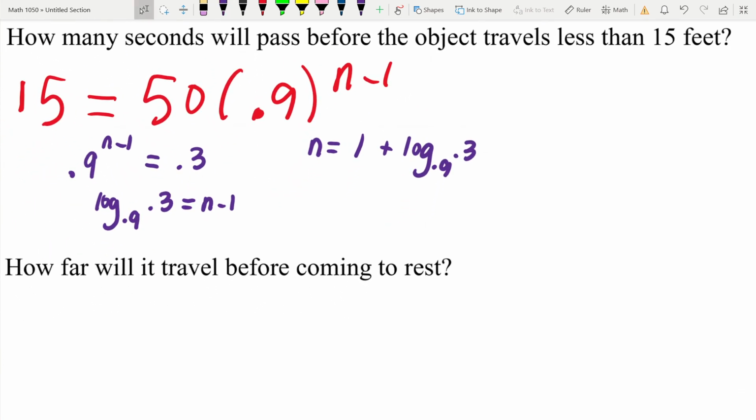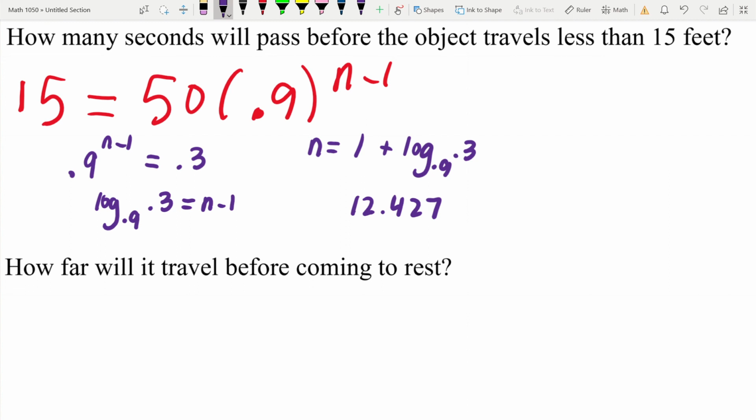Okay, do you remember how to put log base 0.9 of 0.3 in? I'm going to add the 1 at the end. I'm going to worry about the log first. It doesn't matter. Everybody go log 0.3, close it off, divided by log 0.9, close it off. Then I'm going to add 1 to that, hit enter, and I get 12.427.